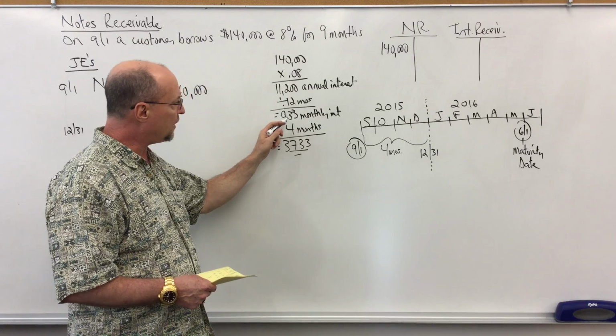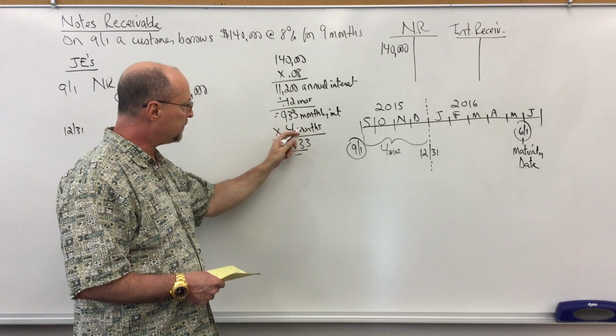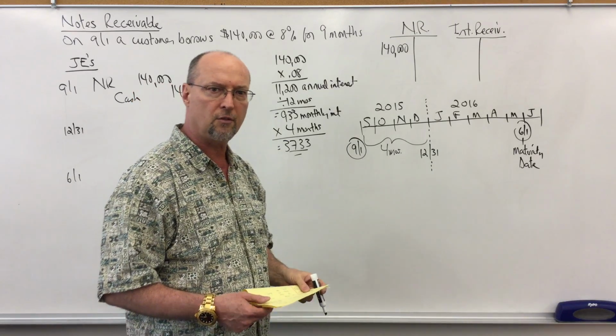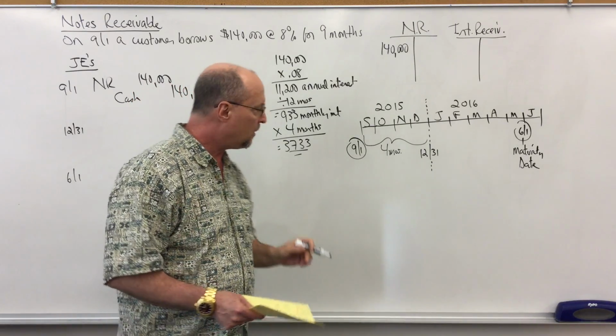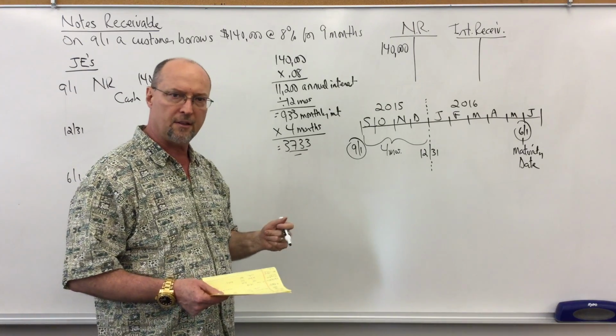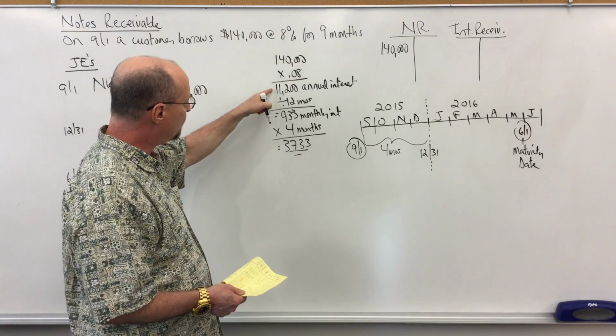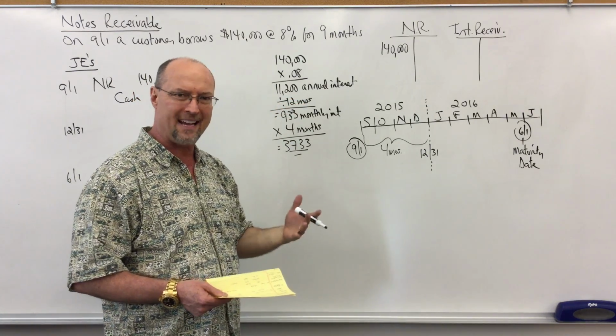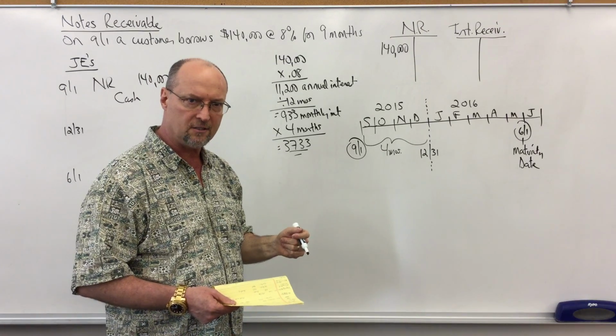So $933 monthly interest times 4 months would give us $3,733. By the way, if we wanted to, we could calculate daily interest instead of monthly interest. We'd simply divide the annual interest by 365 days, or more commonly used by banking, 360 days.